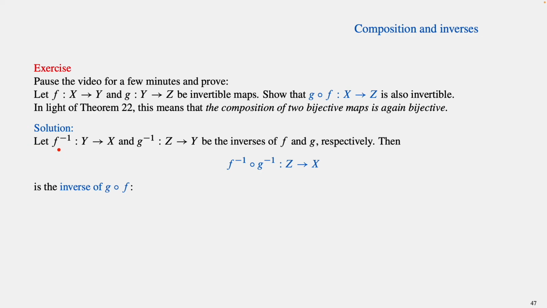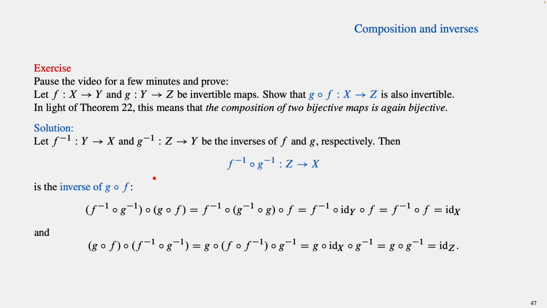So let f^-1 from Y to X and g^-1 from Z to Y denote the inverses of f and g. And then I claim that the composition of the inverses is the inverse of the composition. So f^-1 composed with g^-1 from Z to X should be the inverse of g composed with f. Note that the order of f and g gets reversed when taking the inverse.